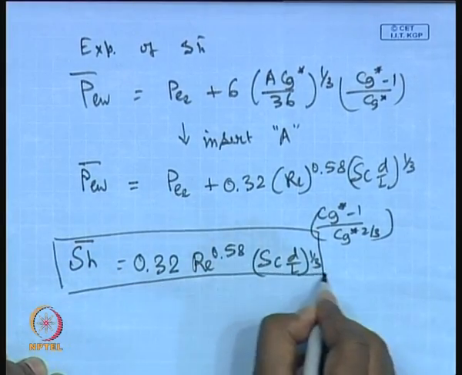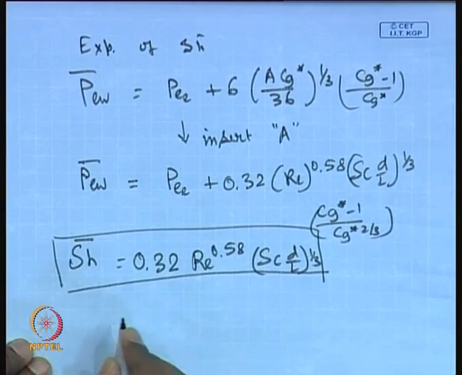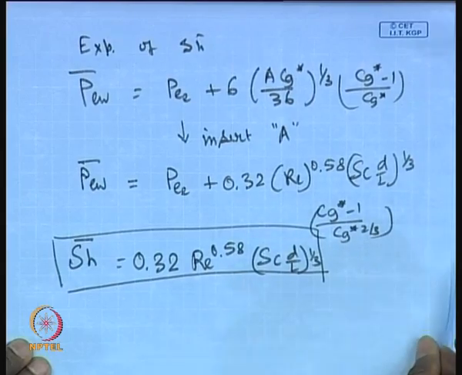So, this is the expression of length average Sherwood number in the turbulent flow case, and then we can go for further simplification.